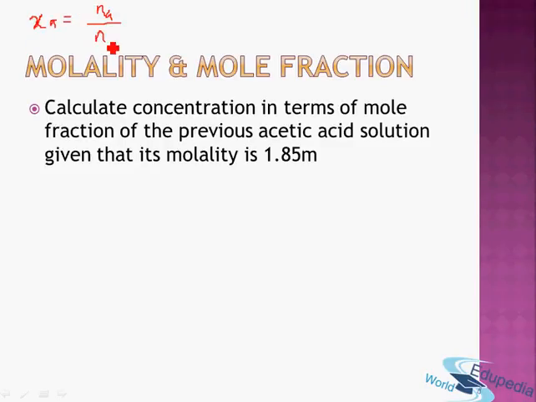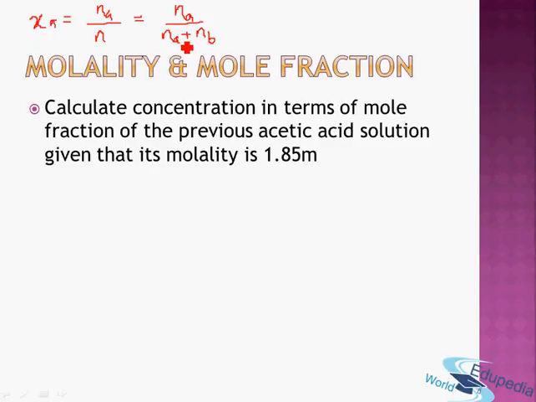This is our answer, if I can calculate Na and if I can calculate N. And what is N? N is simply the sum of Na and Nb, that is the sum of constituent moles. So Na plus Nb. If I can calculate Na and Nb, I can very well calculate my mole fraction.